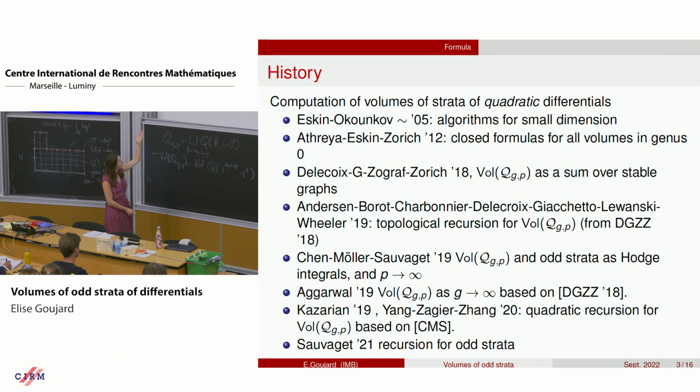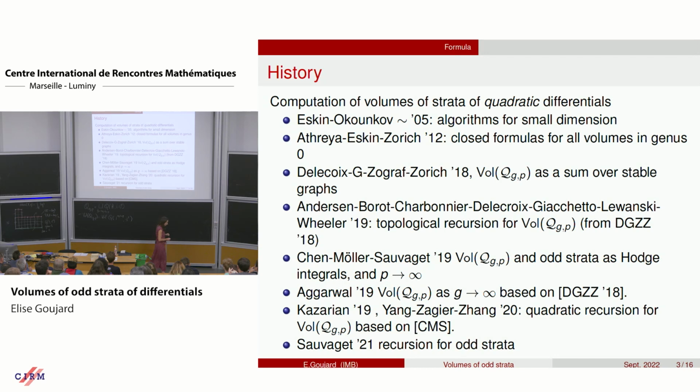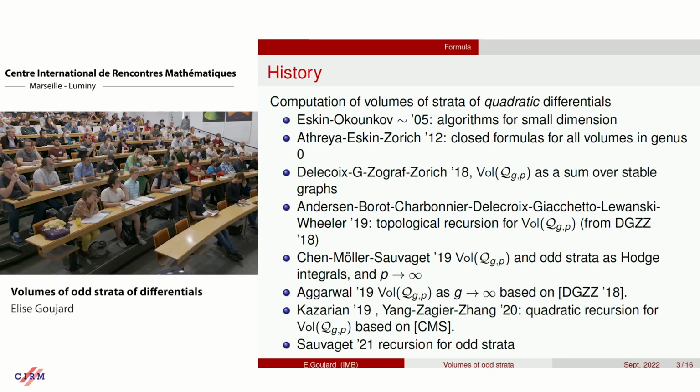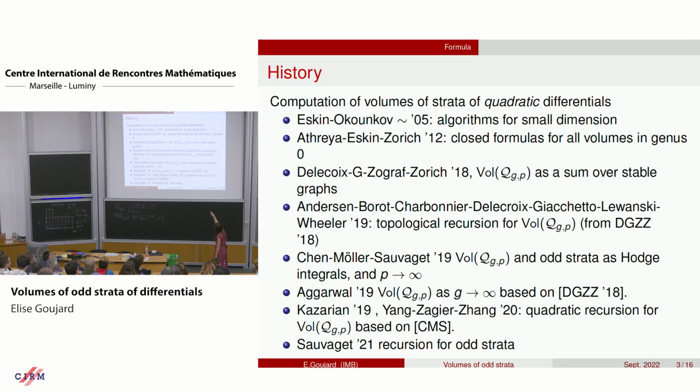And in parallel, Martin gave a little bit of explanation about this yesterday. Chen, Möller, and Sauvaget were able to express the volume of principal strata and odd strata as some Hodge integrals, and to derive the asymptotics of these volumes of principal strata as the number of poles goes to infinity with the genus fixed.